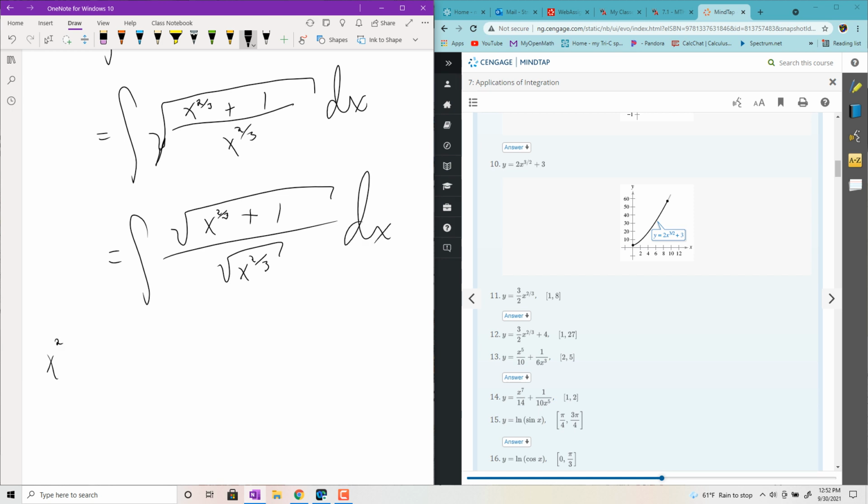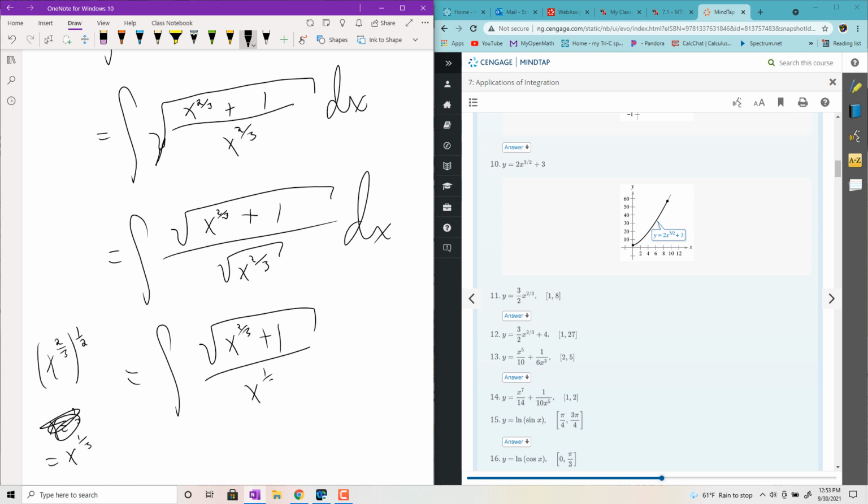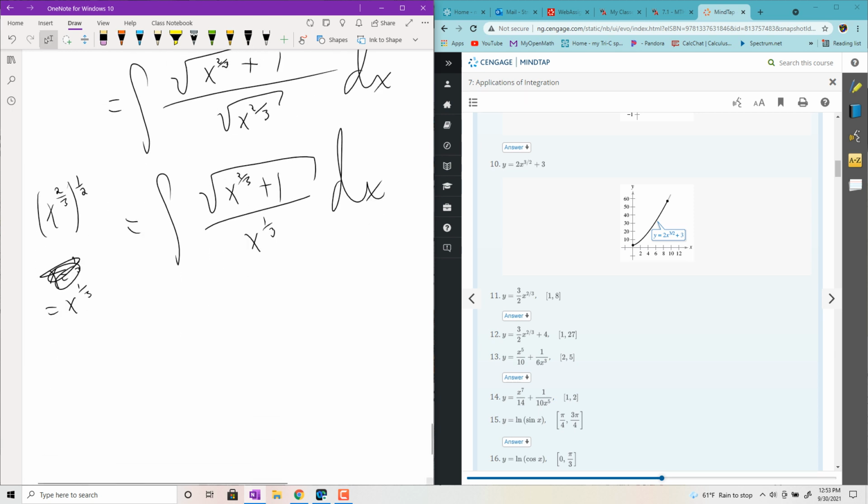And then, of course, the square root of x to the 2/3 is just raising it to the 1/2. If you multiply the exponents, you just get x to the 1/3. So I can rewrite this as the integral of the square root of x to the 2/3 plus 1 all over x to the 1/3 dx. And then you could do your u sub, believe it or not.